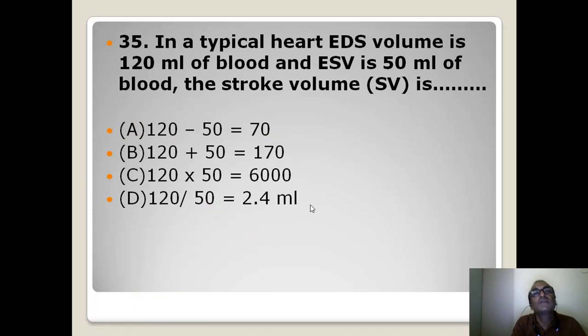Question number 35. In a typical heart, EDV is 120 ml of blood, and ESV is 50 ml of blood. The stroke volume, SV, is... We know that the stroke volume is the total volume of blood pumped out by the heart during one heartbeat.